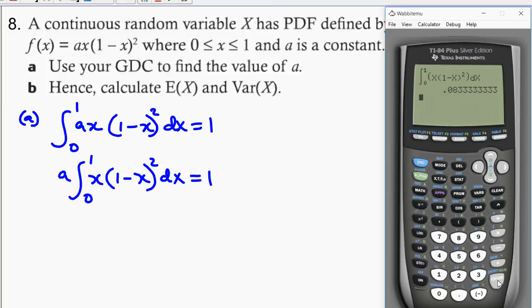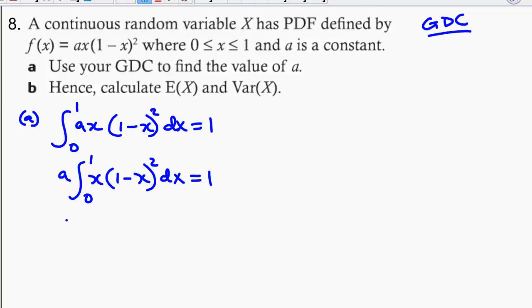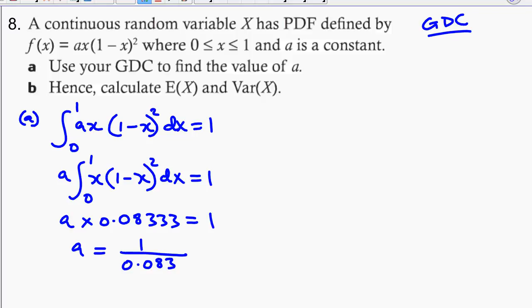Okay, so we have 0.08333. So what I'll do is A multiplied by 0.08333 is equal to 1. So A will be equal to 1 over 0.08333, which gives me 12. So A is 12.